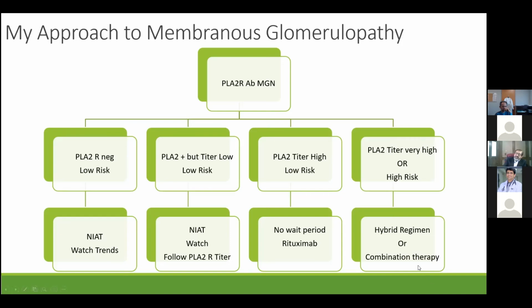The combination therapy flavor that I use, and that is my practice, it is not backed by a lot of data, is a slight tweak on the Ponticelli: I put them on a calcineurin inhibitor to see if I can get them into remission a little bit faster, but dose the rituximab upfront. So those are your various buckets in which you can put these patients.